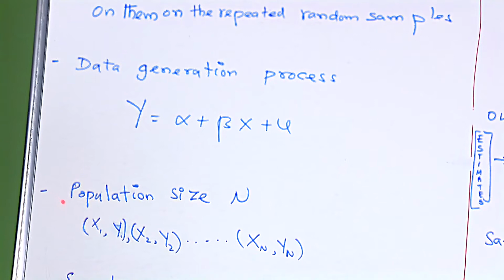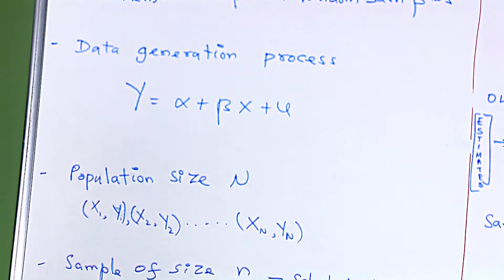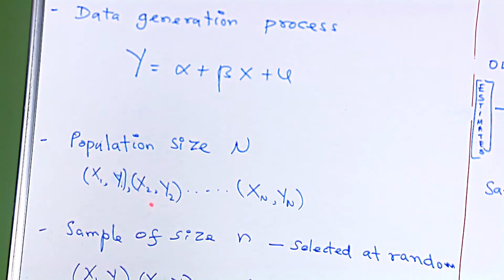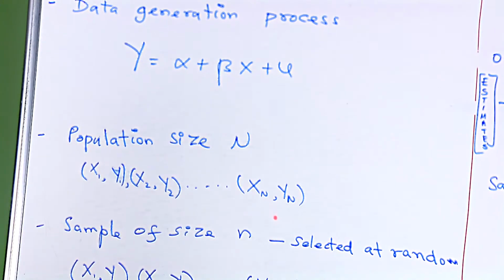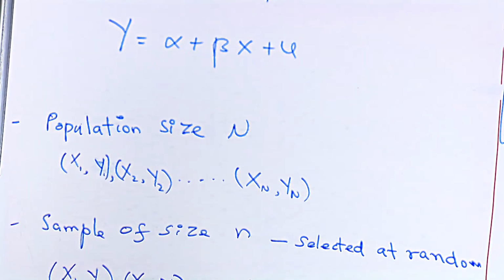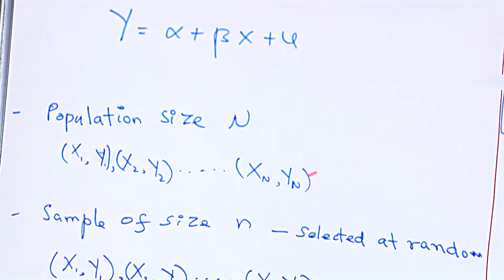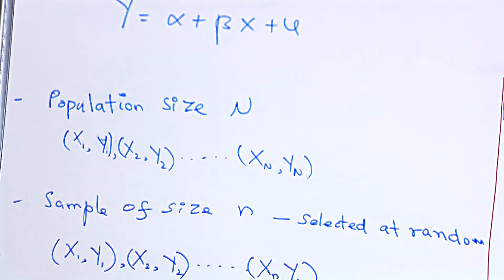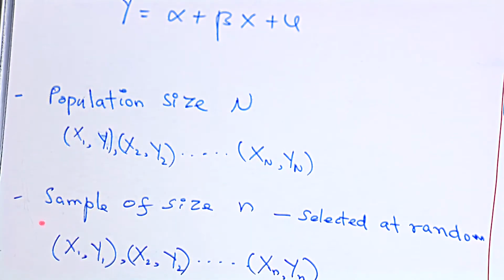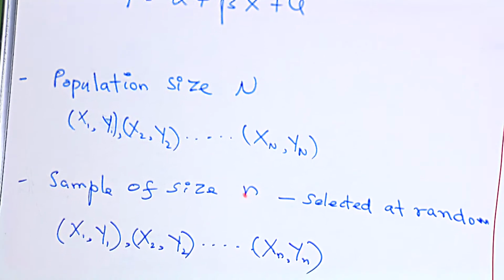Let us assume the population as x1 y1, x2 y2, up to xN yN, where capital N is the size of the population. From this population, using a random method, we may select small n samples.